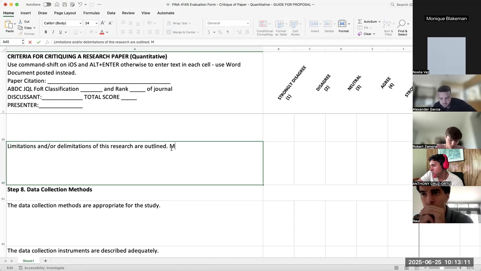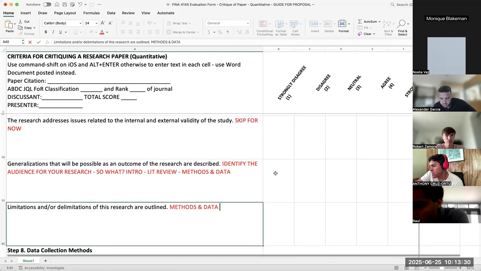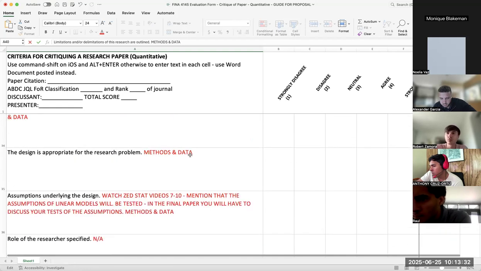That'll be in the methods and data, and it'll come up again for the discussion, etc. But I won't mention that right now. Okay, so you're going to define how you limited your research in the methods and data. All right, that's it. So there you go. That's what I want. I hope that helps.